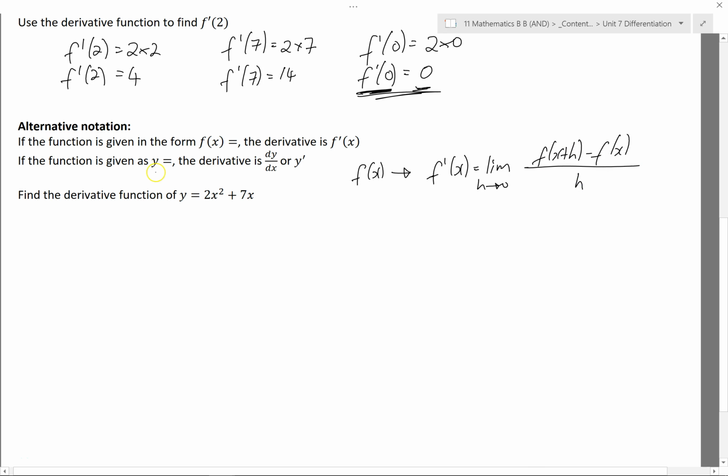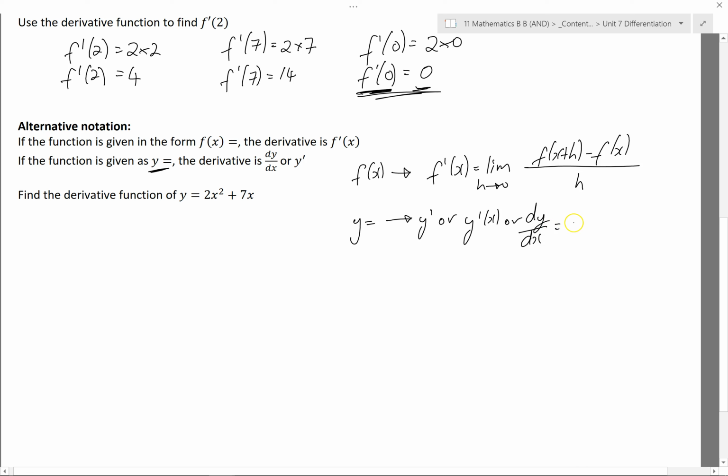Okay, but sometimes the function is given as y equals. Okay, so if it's given as y equals, then my derivative would be y dash, okay, or y dash of x, okay, or this other symbol, dy dx. Okay, either one of these symbols we can use.